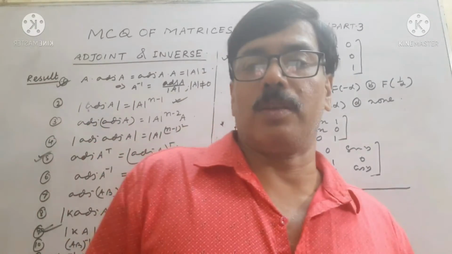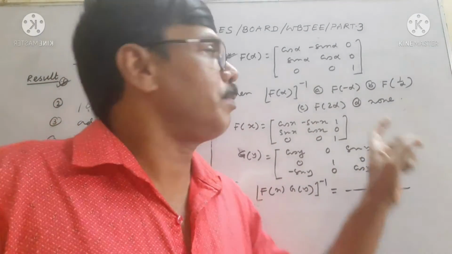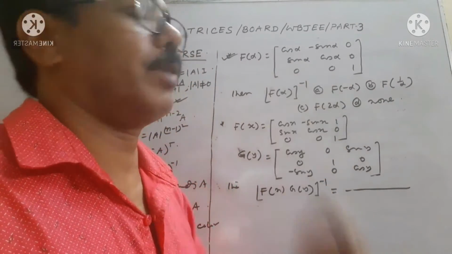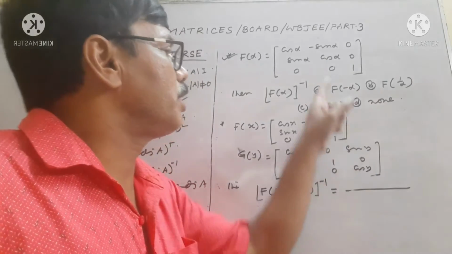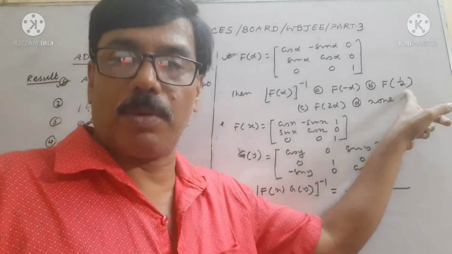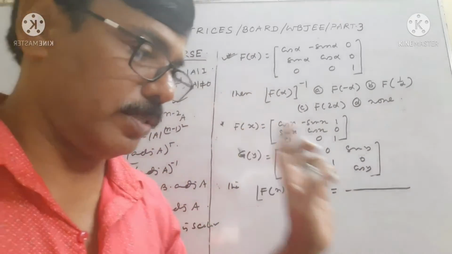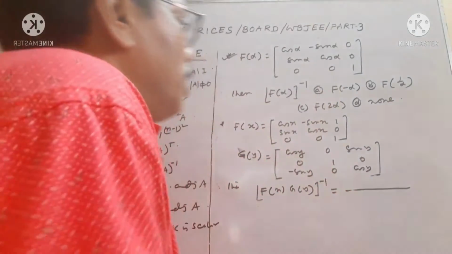So we calculate F alpha into F of minus alpha. If it is I, then one is the inverse of the other. If it is not I, then we calculate F alpha into F of 1 by alpha and F alpha into F of 2 alpha. So let us verify.